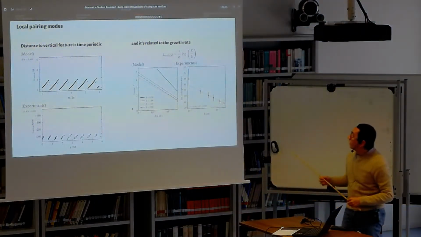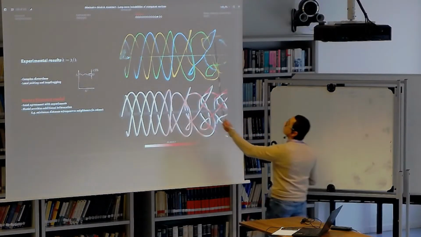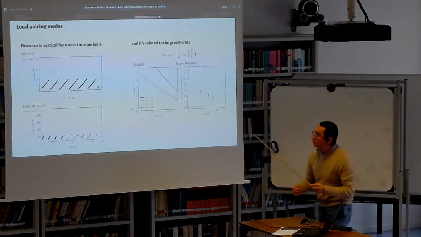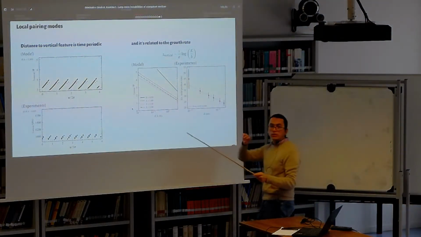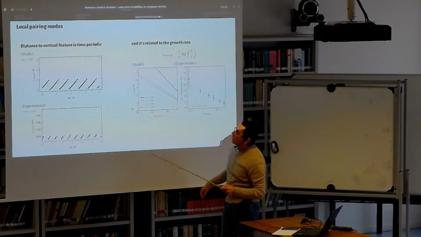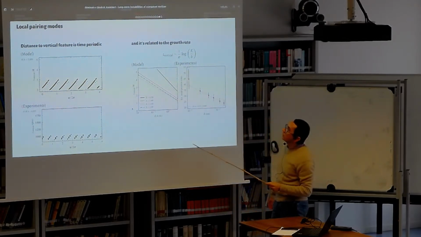All right. So if I return to the distance to this vertical feature, what is different in this case is that the distance to the vertical feature is actually not fixed. It's going to change in time with a period that is given by the unstable mode, right?